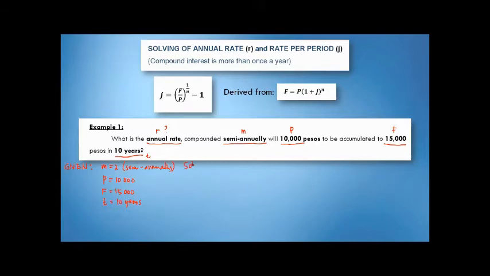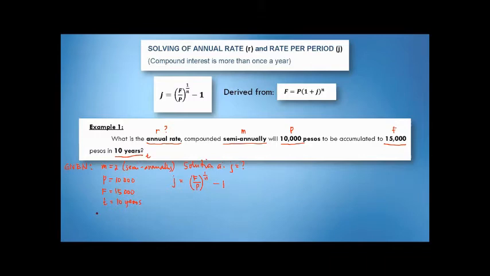So, solution A, solve for J. Ang ating formula for J is F over P raised to 1 over N, minus 1. Dahil ang formula natin requires small n, i-compute muna natin yung n.